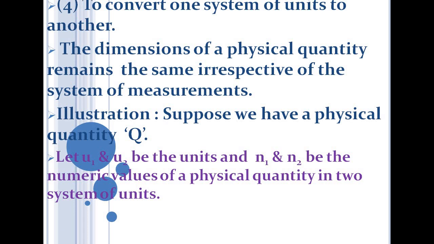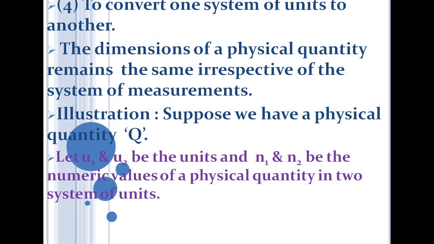For example, the length of a particular substance is 10 centimeter. In the CGS system the numerical value n is 10 with unit centimeter, but in SI it's 0.1 meter.